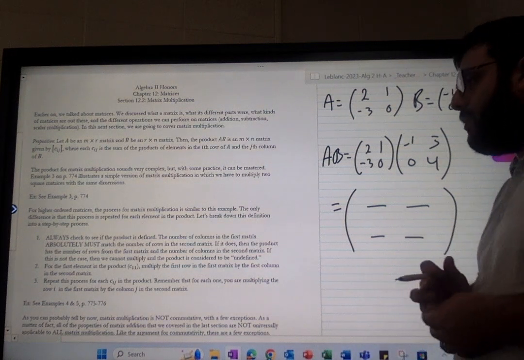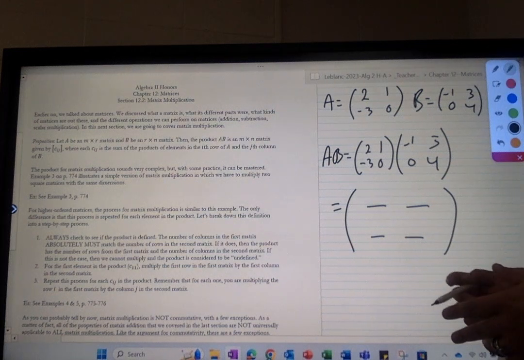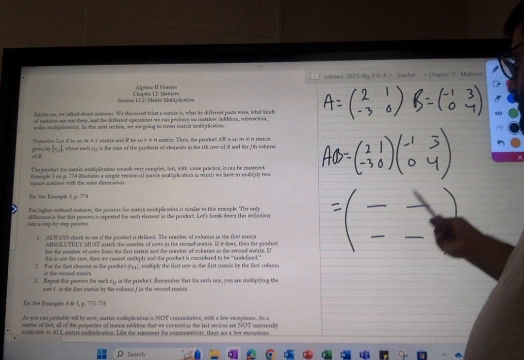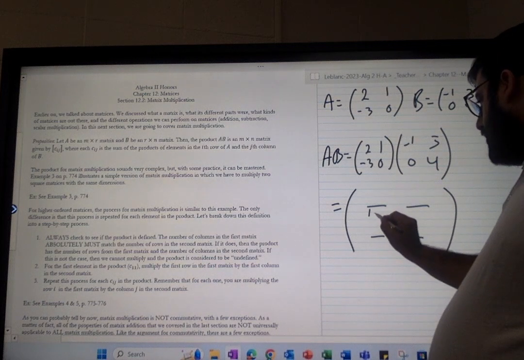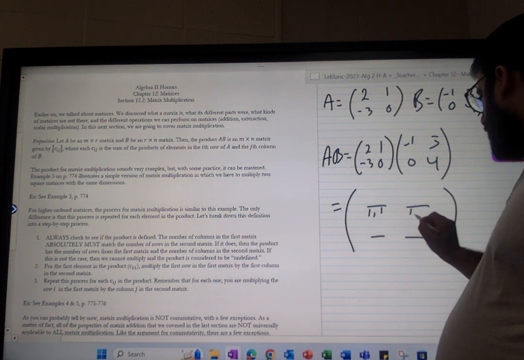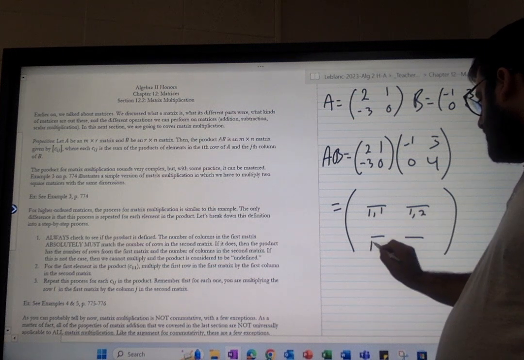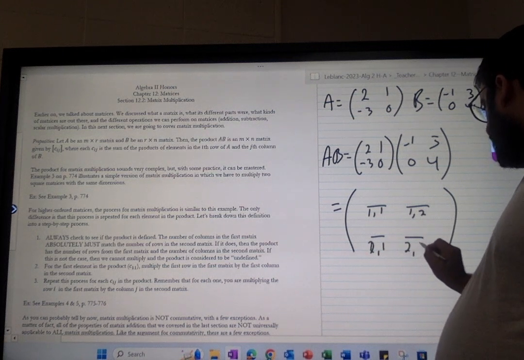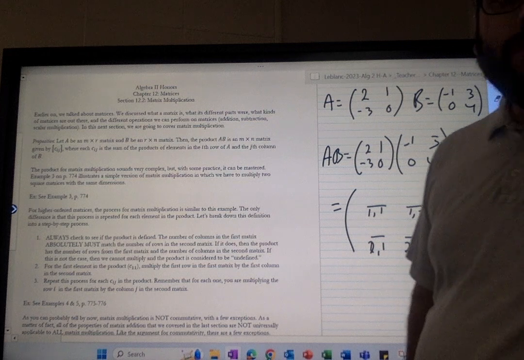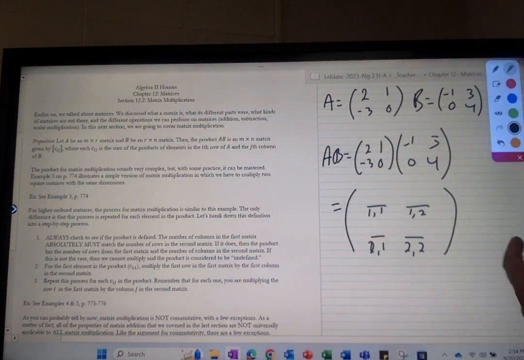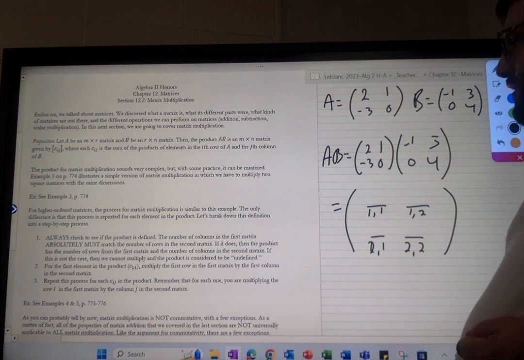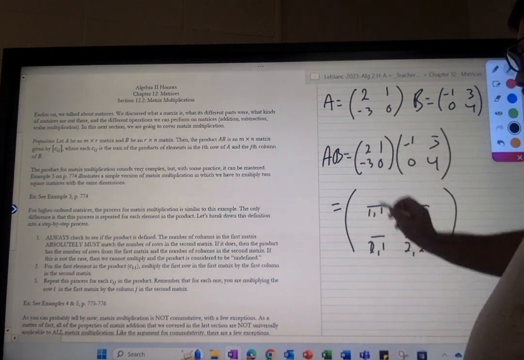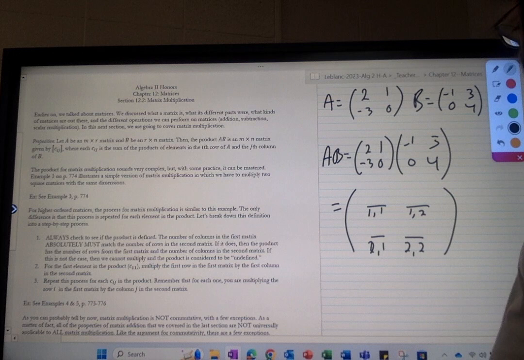So the first thing that I want to do is look at what element I am looking to fill in. This is the first row and first column. This is the first row, second column. This is the second row, first column, second row, second column. Whatever space you're trying to fill in, you're going to be using the row from the first matrix and the column from the second matrix.